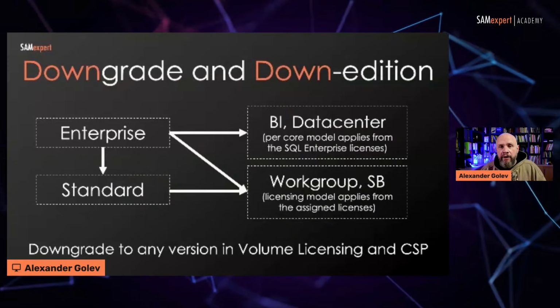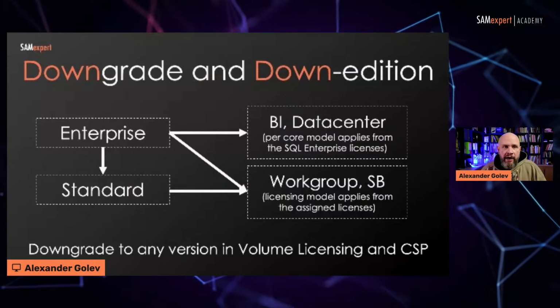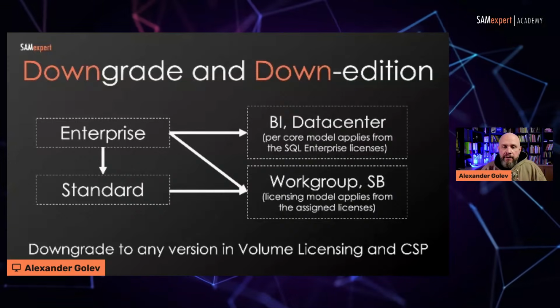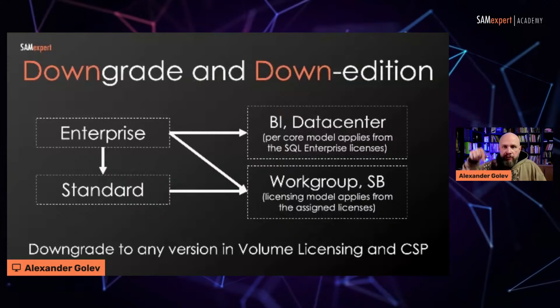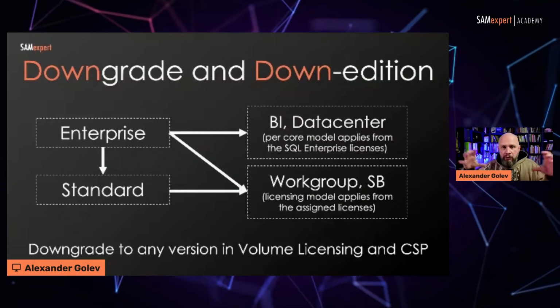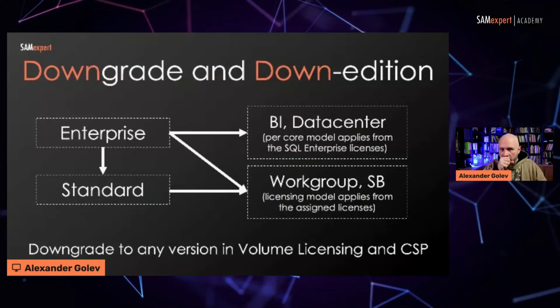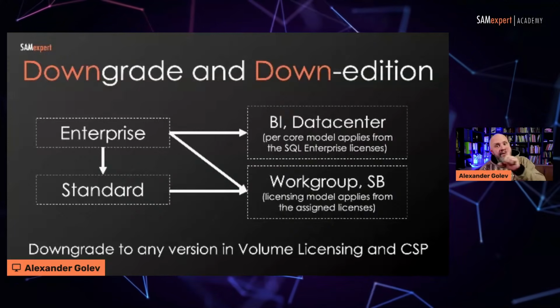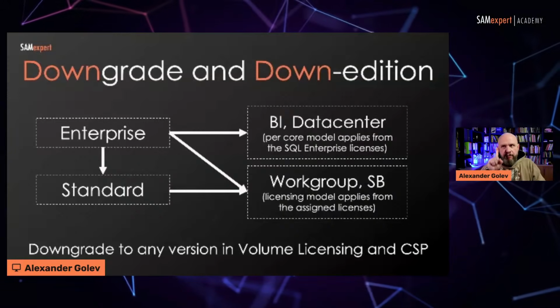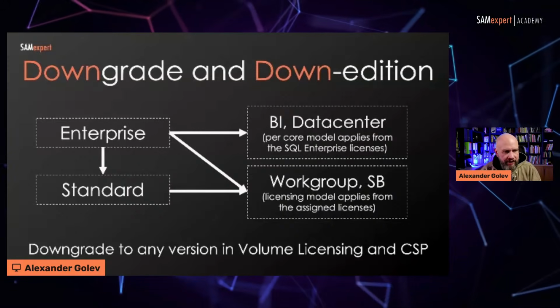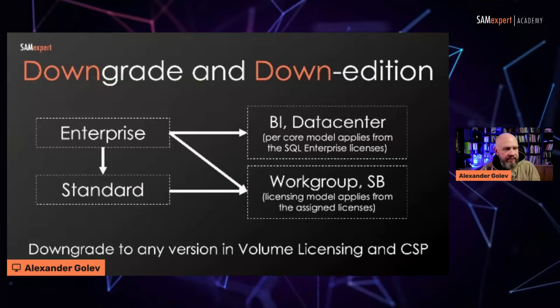Down editioning from Standard to Enterprise is not possible. Why? Because Standard is below Enterprise. It's a smaller edition, so you cannot use Standard licenses to license a SQL Server Enterprise instance unless it's in Azure, but we'll get to that. We have an Azure section today as well.